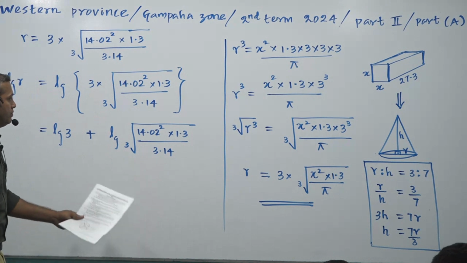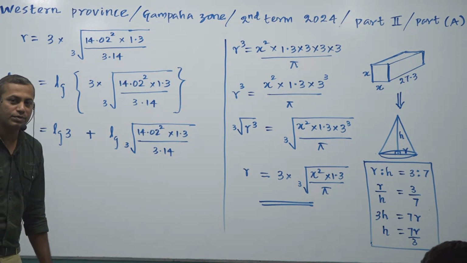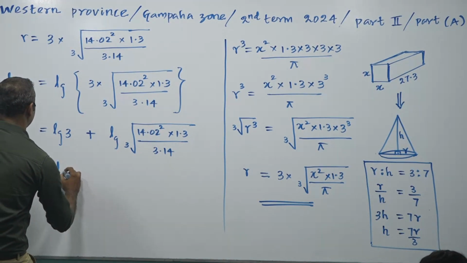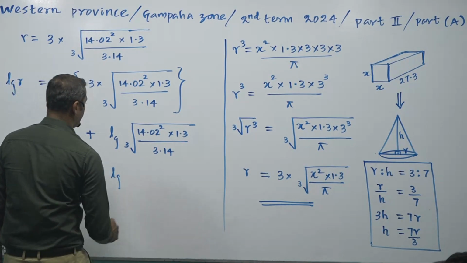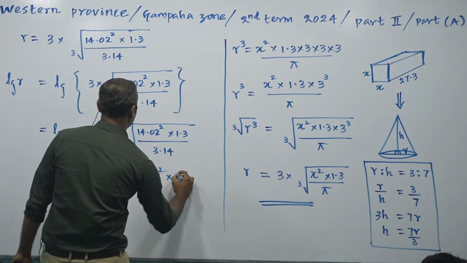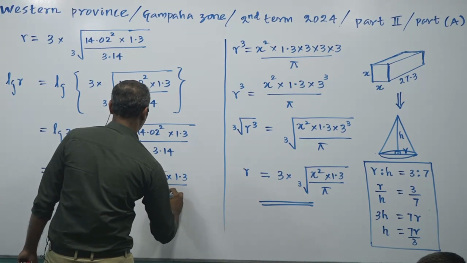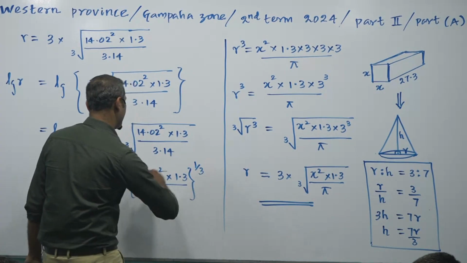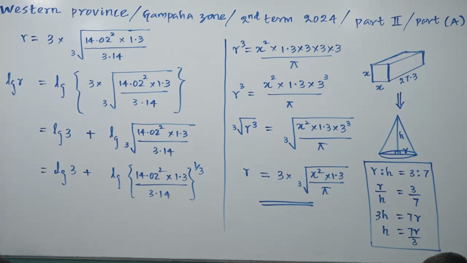You know cubic root means what? To the power 1/3. So lg 3 plus lg of 14.02 squared into 1.3 over 3.14, to the power 1/3 now. And that 1/3 can be written in front of lg. Yes or no?